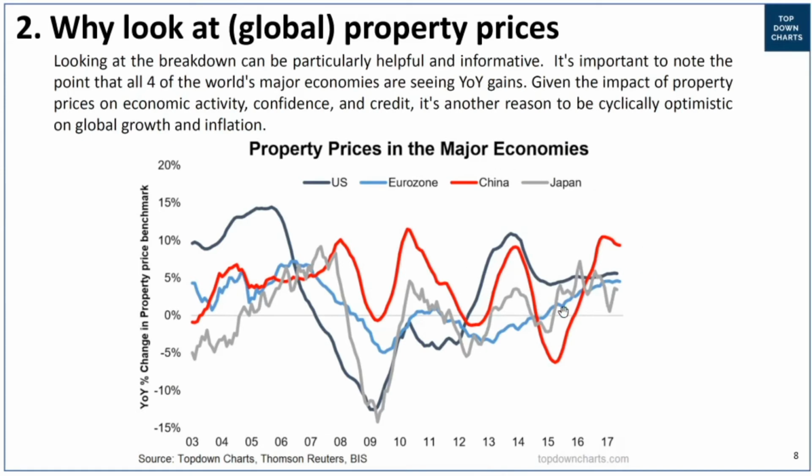Now, the other reason why I put this chart here is because, over the last 6 months or so, and especially in the middle of 2016, prior to that spike in bond yields that we saw and the whole global synchronized rebound, I was looking at this chart and saying this is extremely bullish for the global economic outlook, because this is quite a rare condition. You've got China, America, Europe, and even Japan all experiencing positive year-on-year growth in property prices.